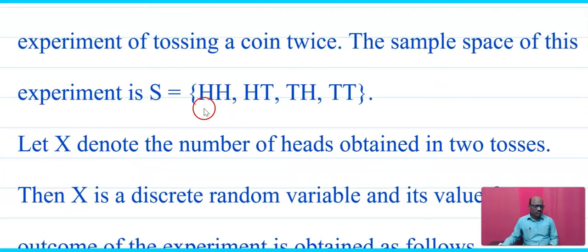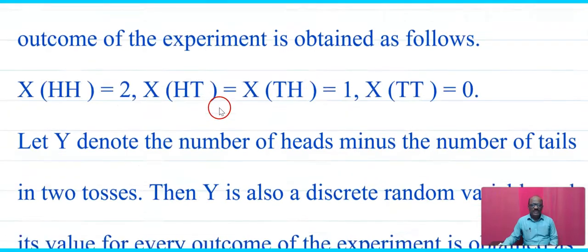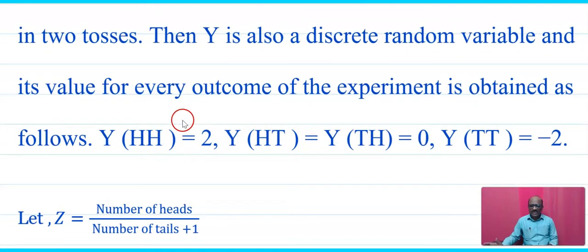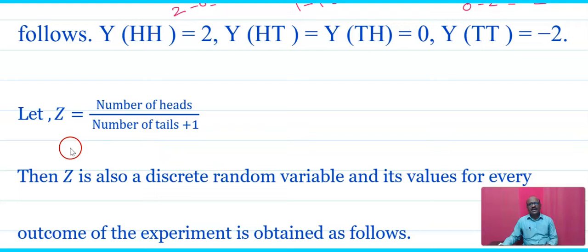In this toss, we have both heads, HH, therefore it is 2 minus 0, because tail is 0 there, and that is equal to 2. For the next, HT, head is 1, tail is 1, 1 minus 1 is 0. For this also, head is 1, tail is 1, 1 minus 1 is 0. And for the last, TT, head is 0 and tail is 2, and therefore it is minus 2.